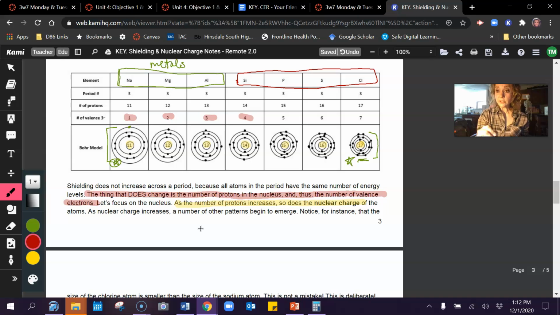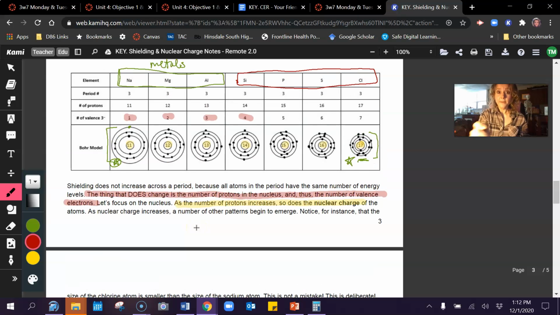The nonmetals are going to have a higher nuclear charge, and they pull their valence electrons in closer, so those valence electrons are not easily lost. Our metals, on the other hand, have less nuclear charge, so they don't pull in their electrons very closely, and their electrons are more easily lost.